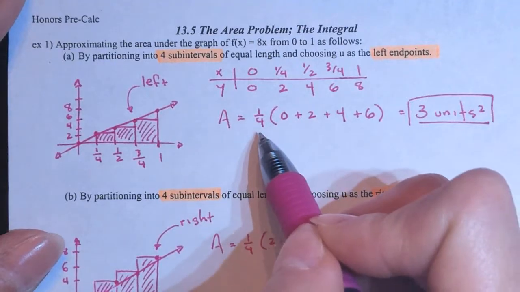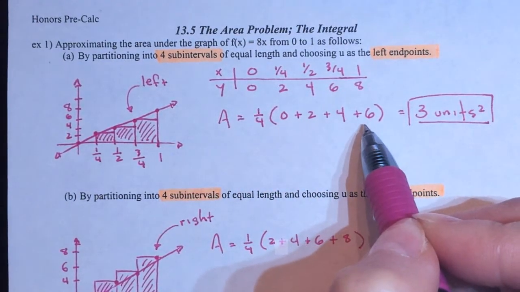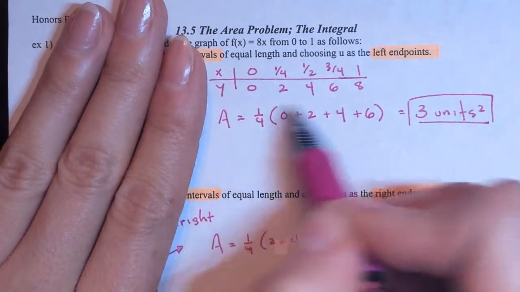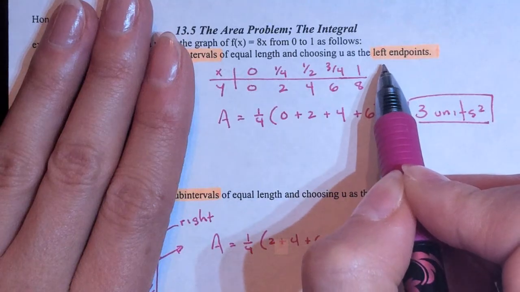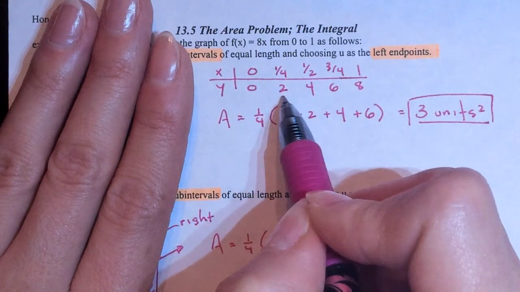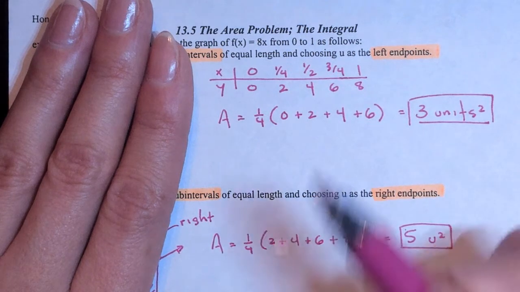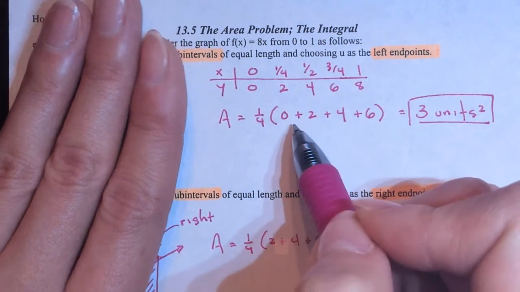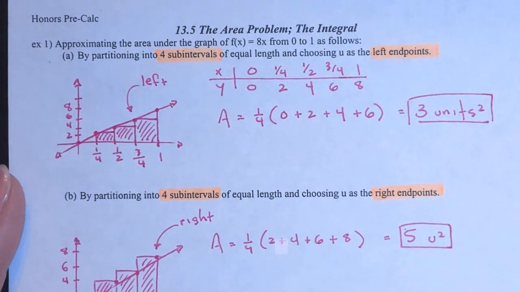Here's my base, here's my height 1, height 2, height 3, height 4. Once you have this chart, if you're looking for left endpoints, you just use the 1, 2, 3, 4 left heights. That's all you do, and then you plug it in. I know it's a 0, but plug in a 0 anyway, and then calculate it.